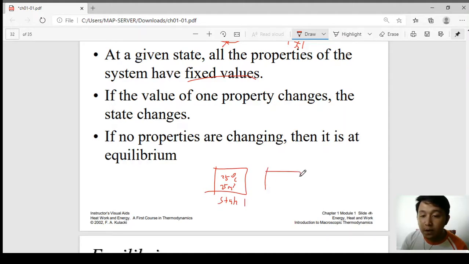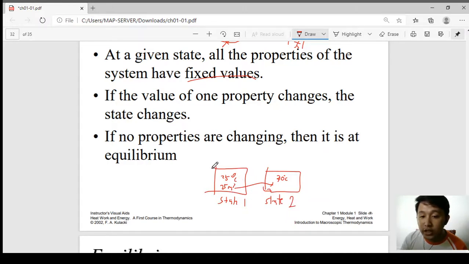Once one property changes, so let's say the temperature rises to 30 degrees Celsius, what do we call that? Though the volume stays the same, this is now state number 2, since one property of the state changed.